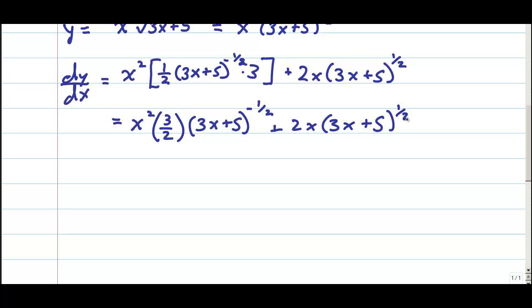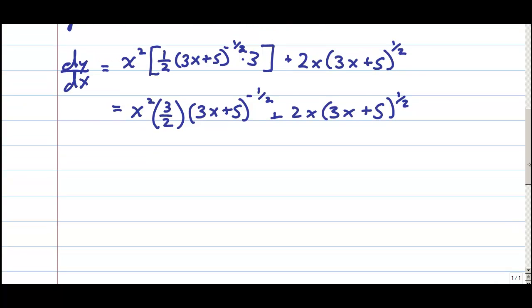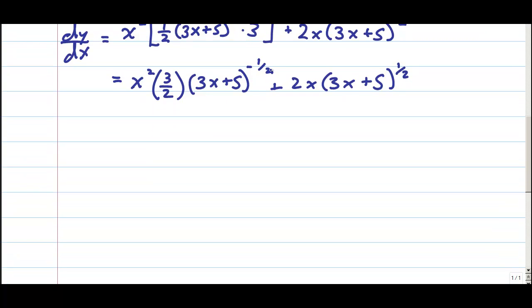So really all I did there was multiply. Now here's a trick I want to show you about simplifying. Notice I've got this negative exponent, negative 1/2, and I've got the positive 1/2 over here. What if I multiply the top and the bottom by (3x plus 5) to the 1/2? Well, let's just think about this a minute.